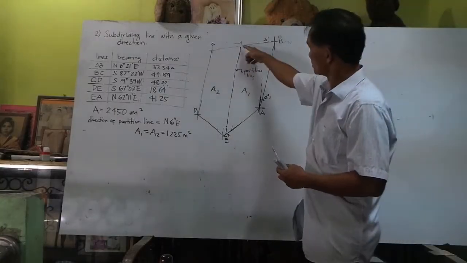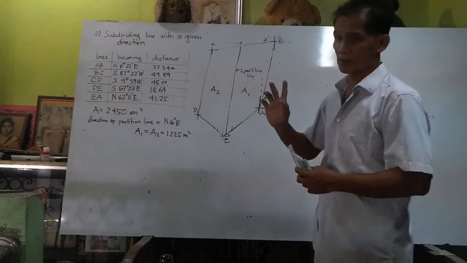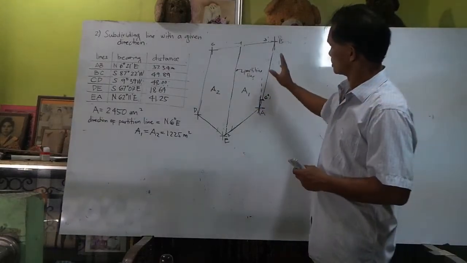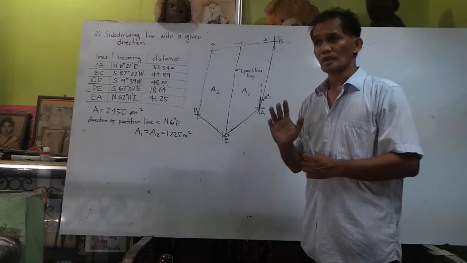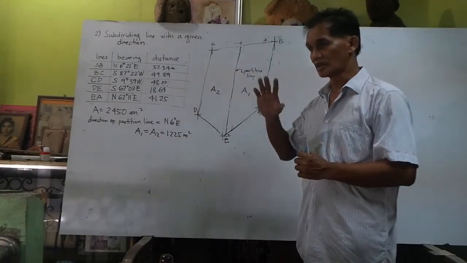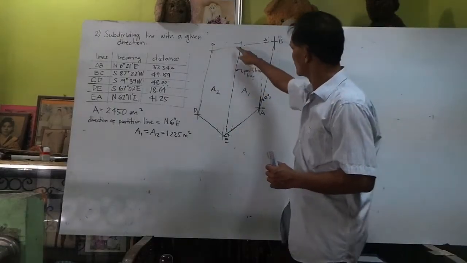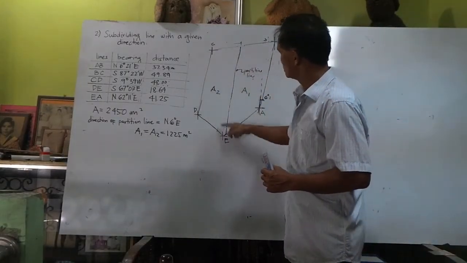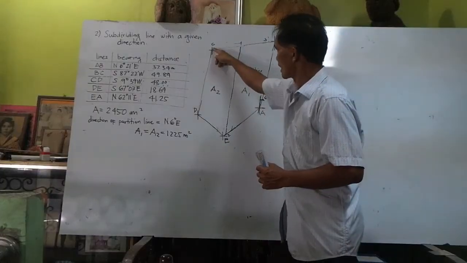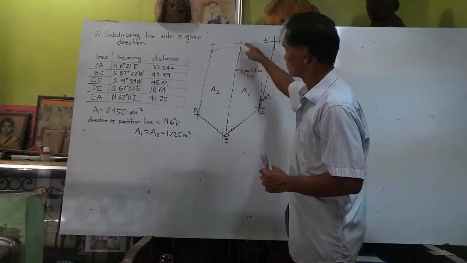But by the way, the best way to solve here is that you solve the area wherein the lesser number of sides are involved. For example, if we use this area, we have line 1, 2, 3, then 4, 5. So 5 lines.